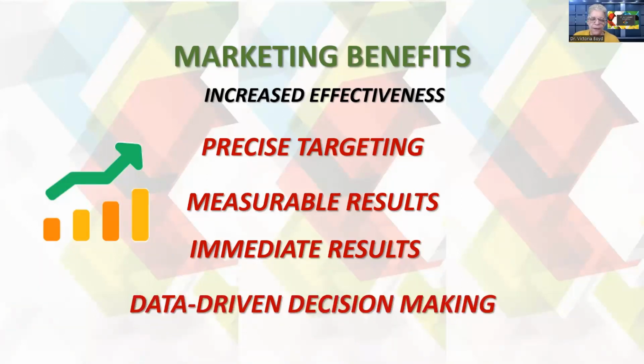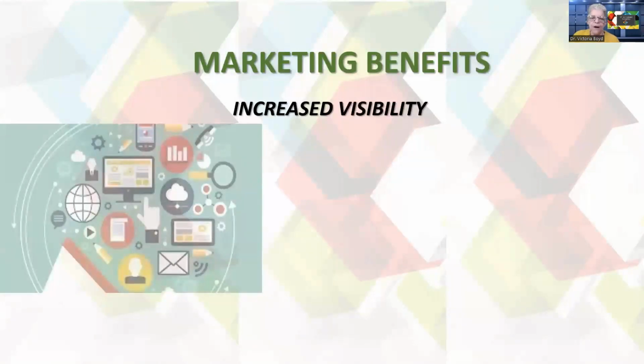And finally, you can make data-driven decisions. You can learn and create strategies that are driven by real data. And that is so effective because you're now using measurable results to drive what you do now with your strategies. Marketing benefits.